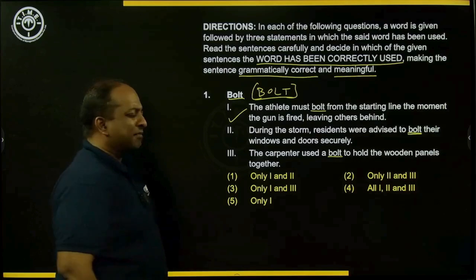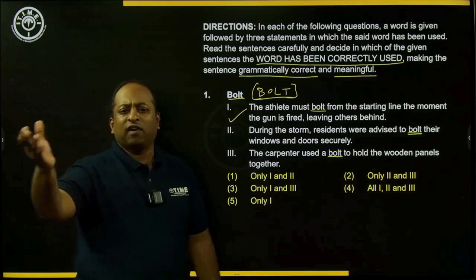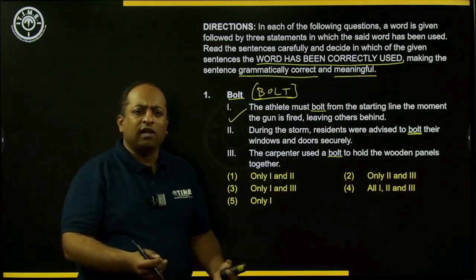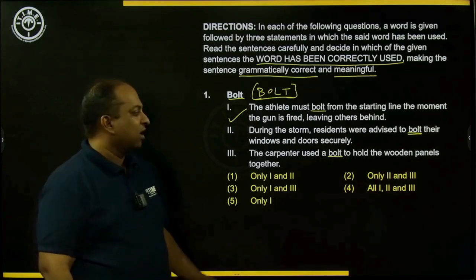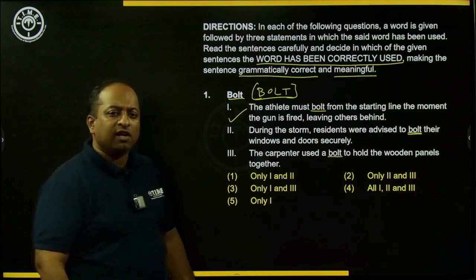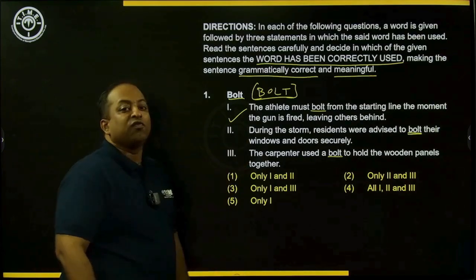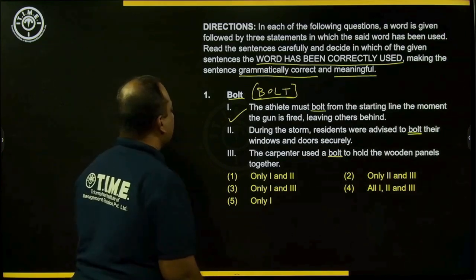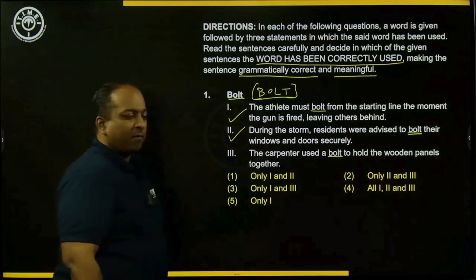In this context it makes sense, because during a storm your doors and windows may just fly around if they are not locked properly, not bolted properly, and then there might be issues. So during the storm, residents are advised to bolt their windows and doors securely. Yes, the word bolt in its verb form here means to fasten securely. So here the word bolt is used in the right way.